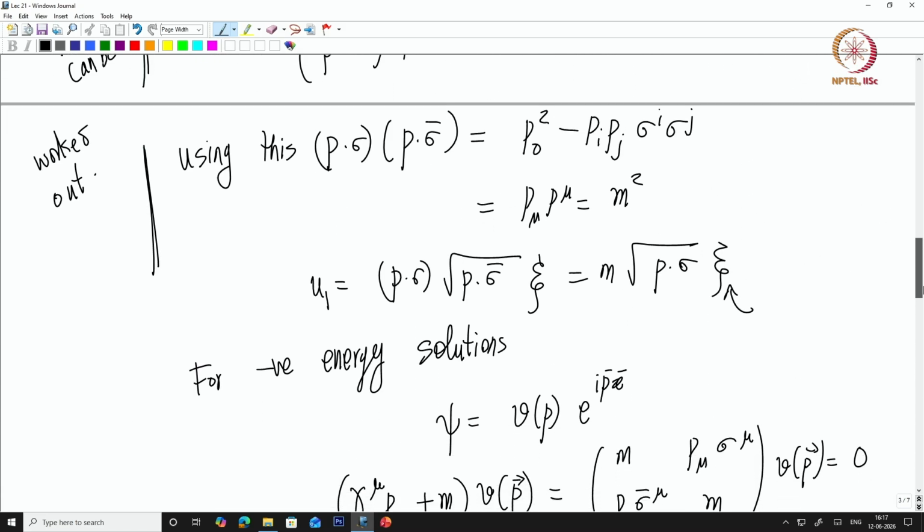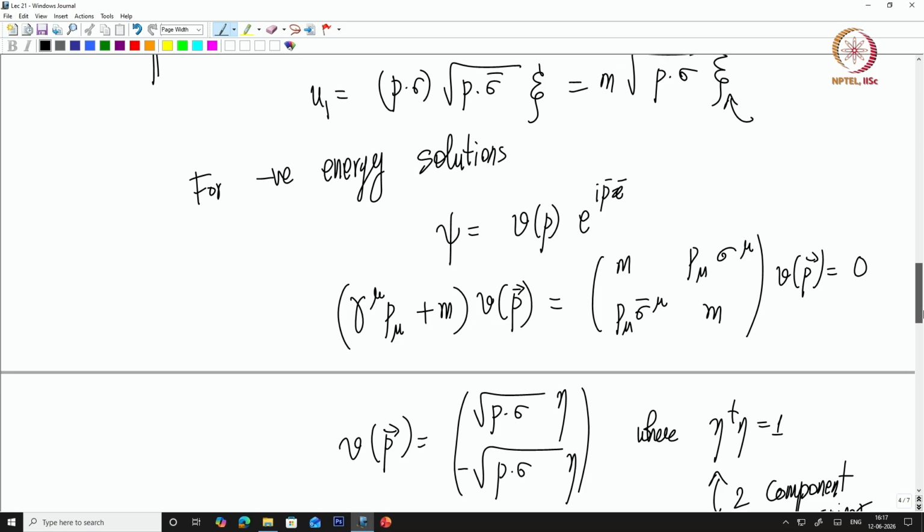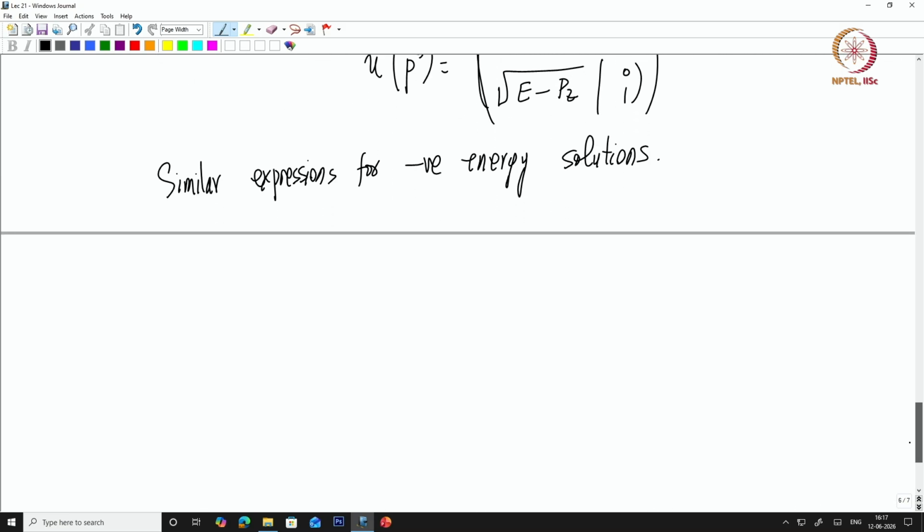So, what are the inner products and outer products of these spinors? There will be enough homework problems on this, and I hope you have all done the Dirac equation and solutions earlier, but this will be just a repetition and a recap.